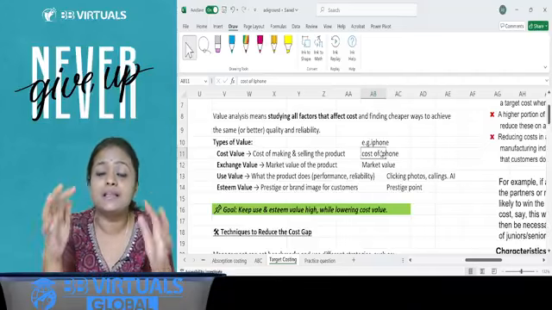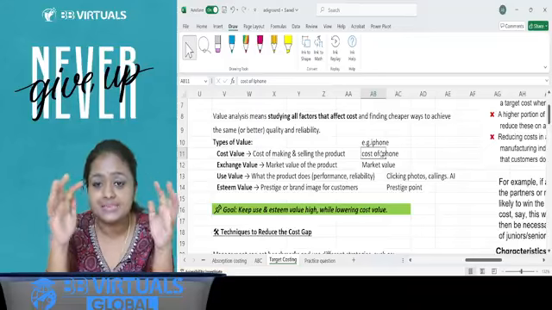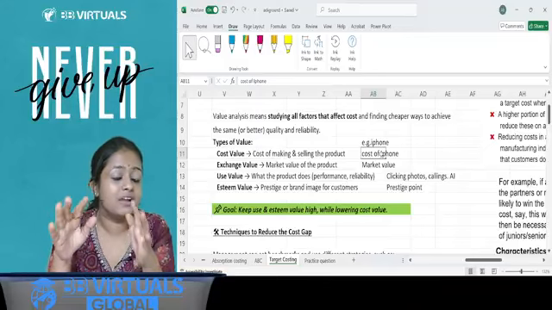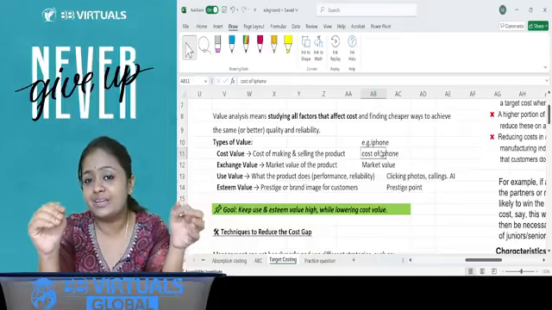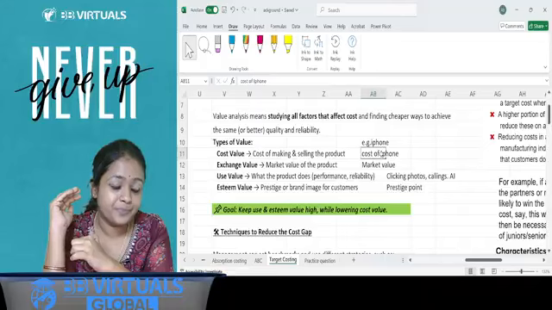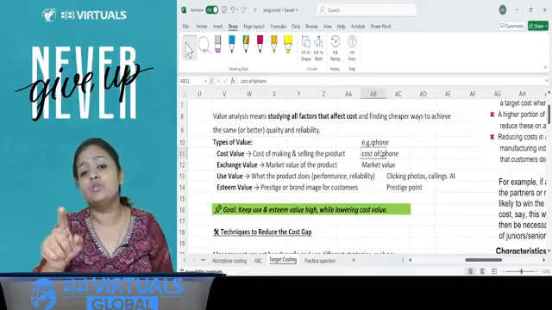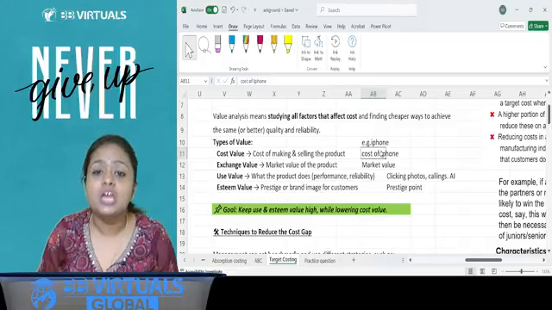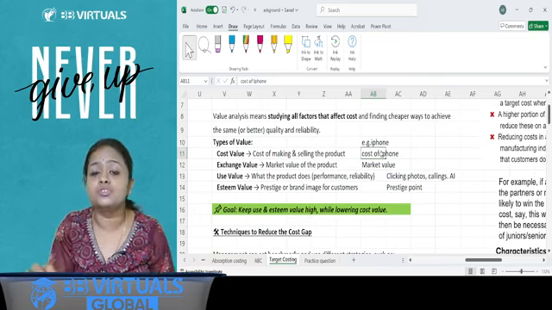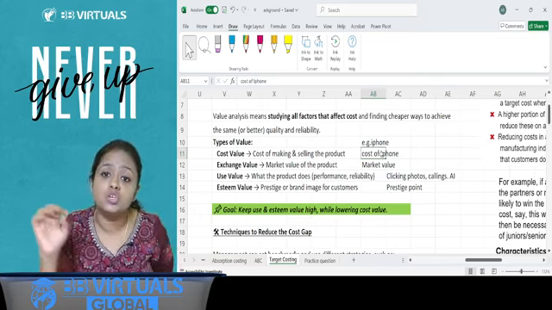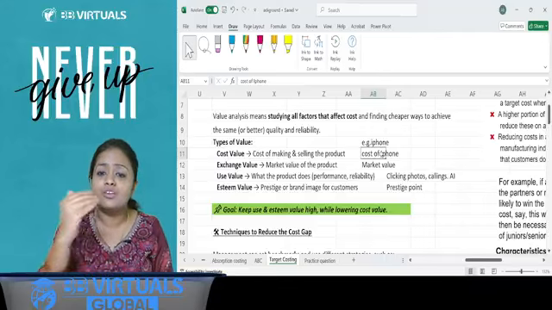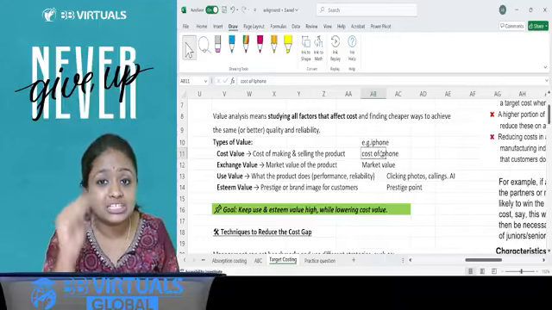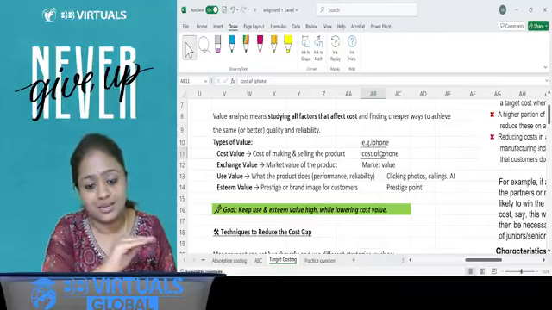And since Apple has got a monopoly in that segment, market value will not be much of an effect. So what is going to be affected is cost, use and esteem. Ensure that whenever you take a decision in your exams, you will never look into reducing the use or esteem value. You will always focus on giving your advice with regard to reduction in the cost value.